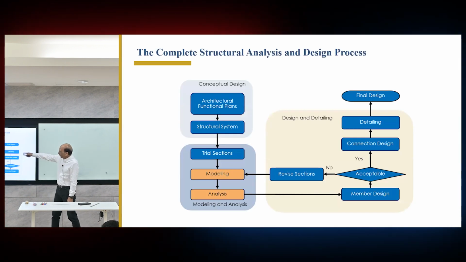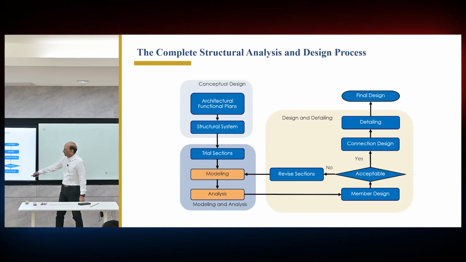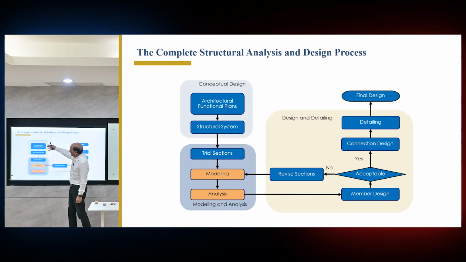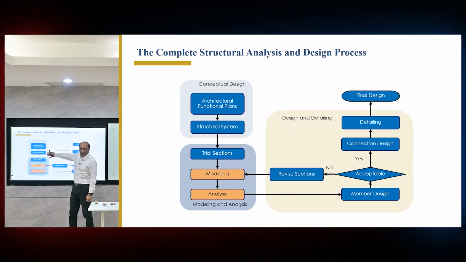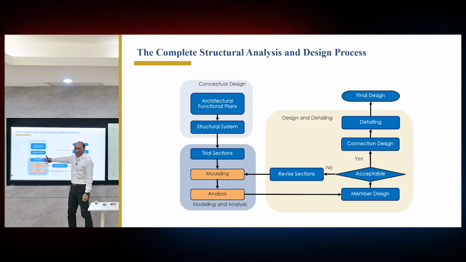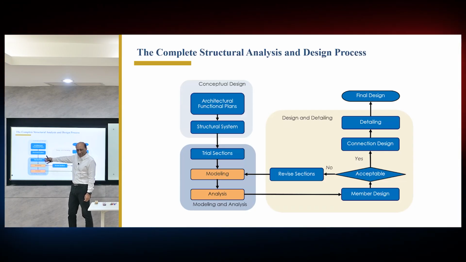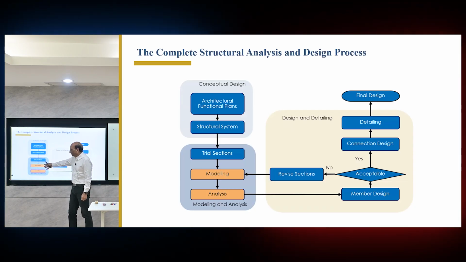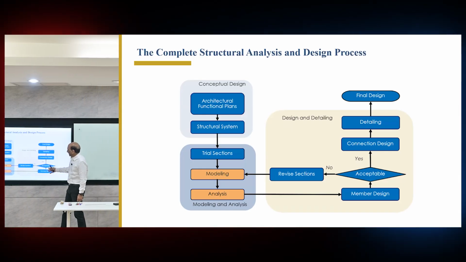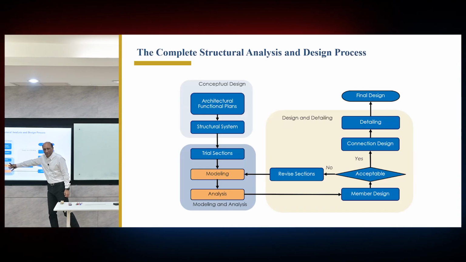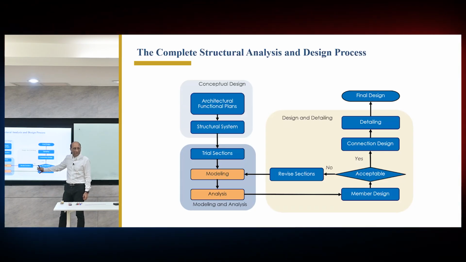This is the overall process I showed you before also. You start with the conceptual design, architectural, functional, then we develop the structural system, which we have already learned about. Then trial section: we start with something initial, we do the modeling, then we do the analysis, then we go to the member design, check something, revise the section, and go back in the cycle until we are satisfied.